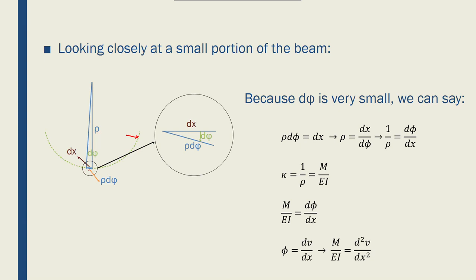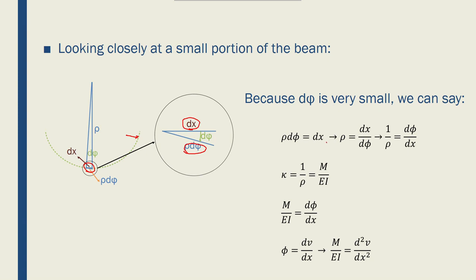And here we could look at it in a magnified or increased size to see that there is dx, which is the length of that infinitesimal beam, and it could also be equal to rho d phi, and d phi is the rotation of that infinitesimal element in the beam.